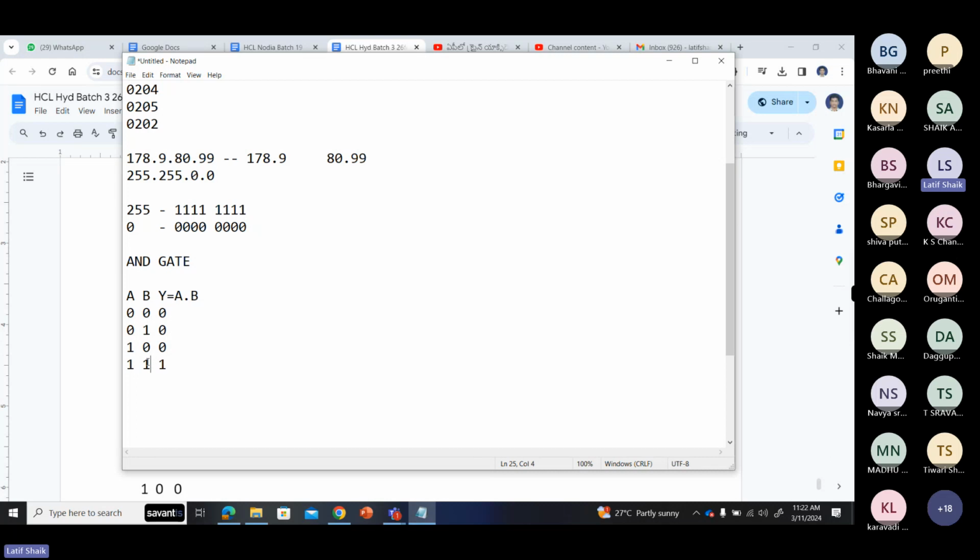Both high gives high output. If any one input is low, the output is low. Or you can say if both inputs are true, the output is true; if any one input is false, the output is false.